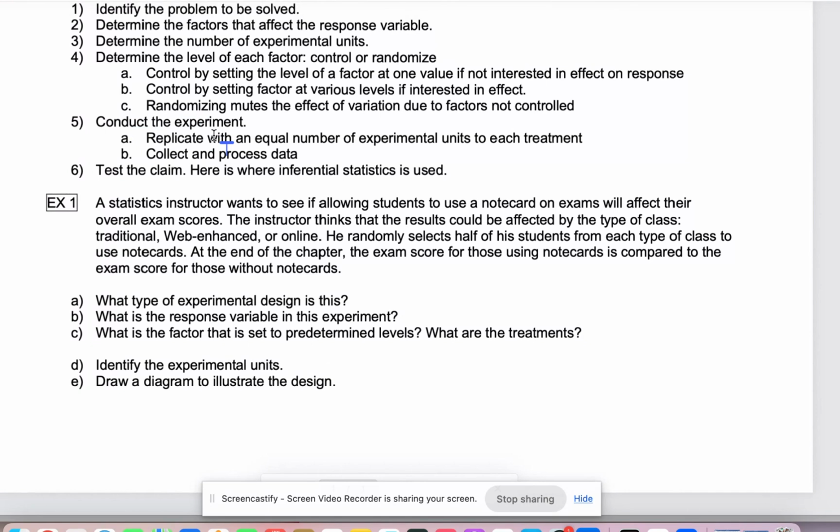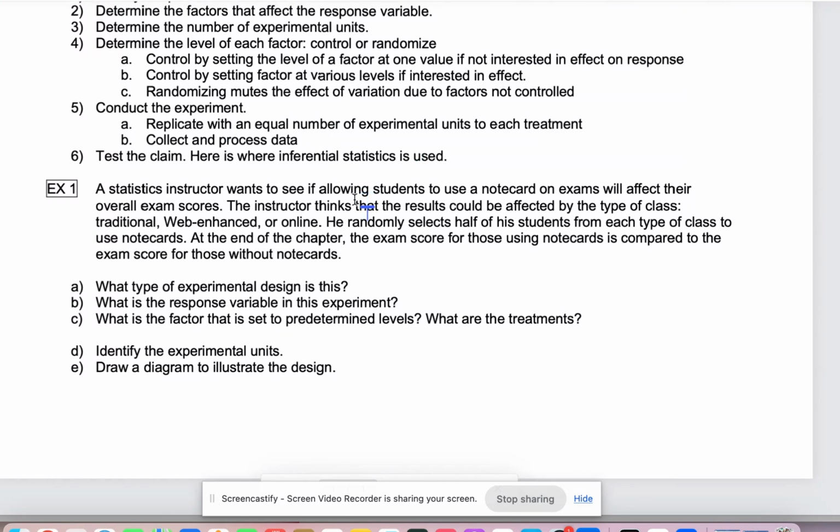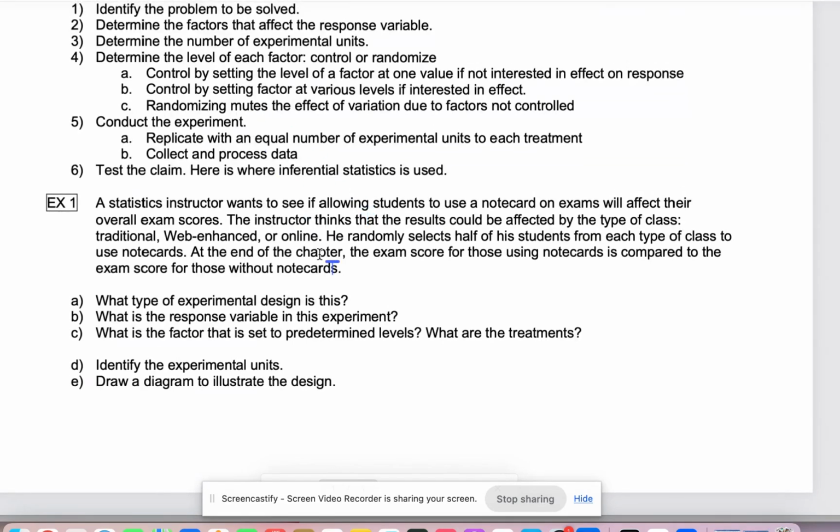So again, we've considered the factor, we've considered the explanatory variable, but if we do not want to control it, then we need to randomize it, because randomizing helps to mute the effect of variation. So again, it's impossible to control all of the factors that might have an effect on a response variable. So that is why the randomization is so important, because it helps mute the effect of those variations.